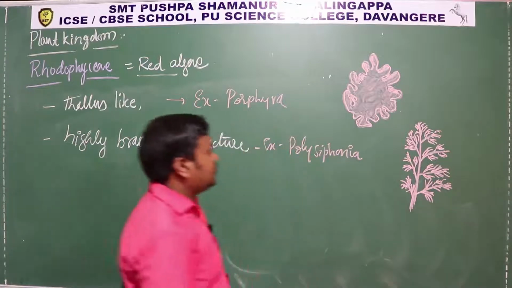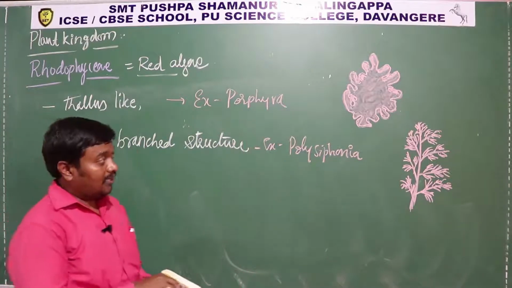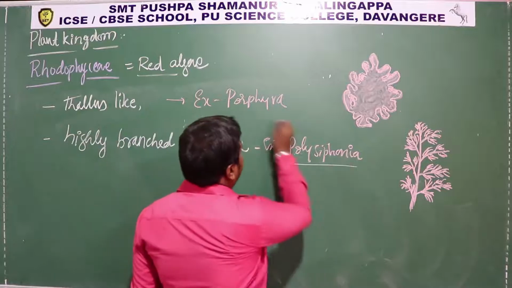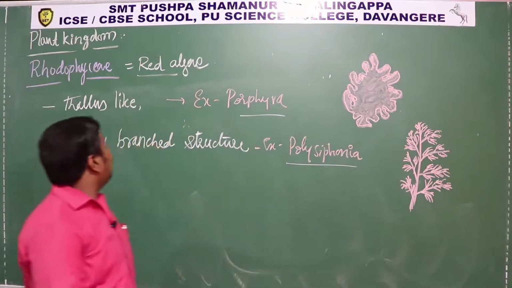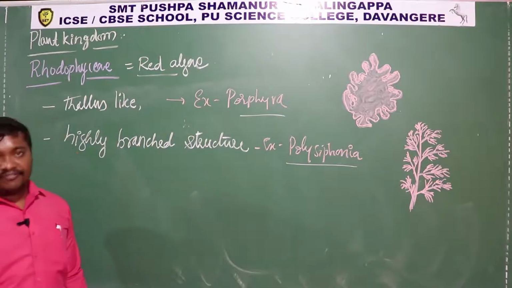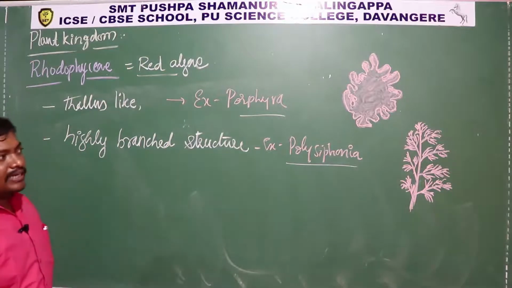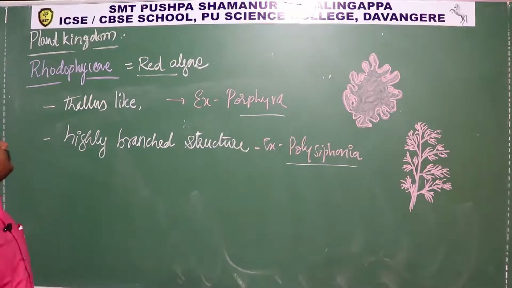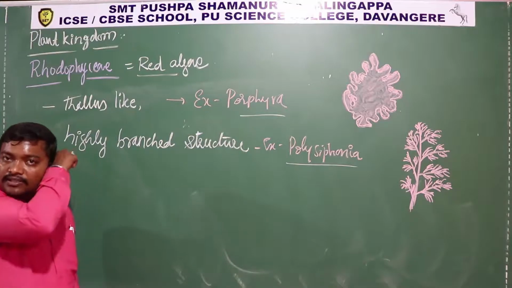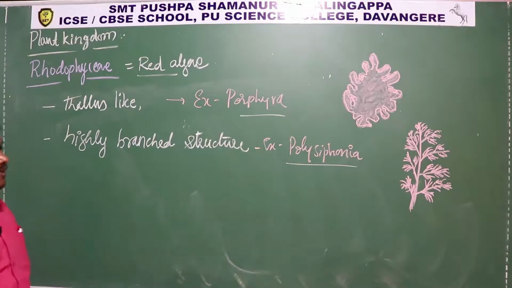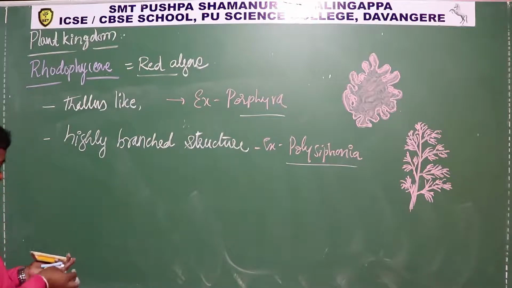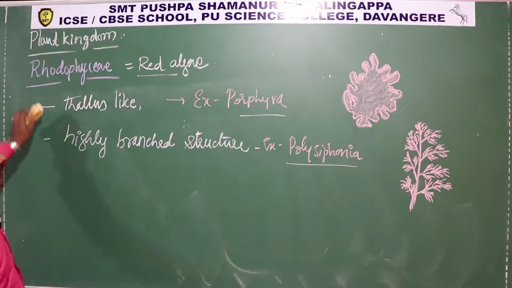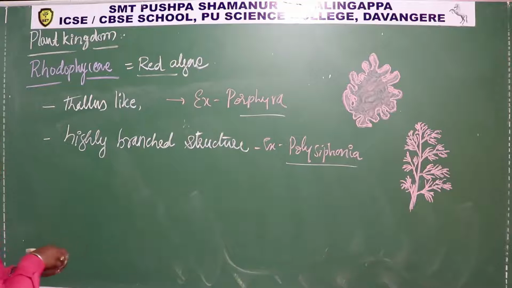Like this, Polysiphonia is highly branched, and thallus-like is porphyra. The red color of this algae is due to the presence of phycoerythrin, that is R phycoerythrin. This is how the structure is.